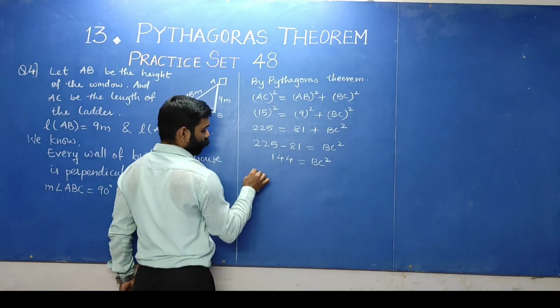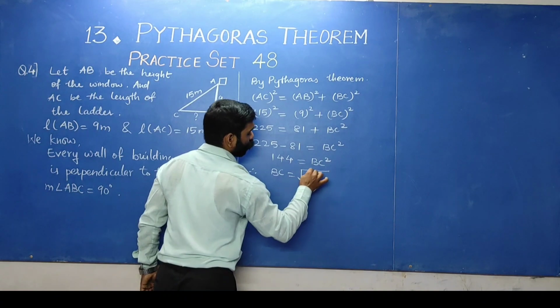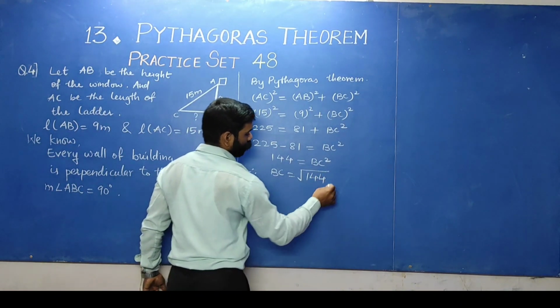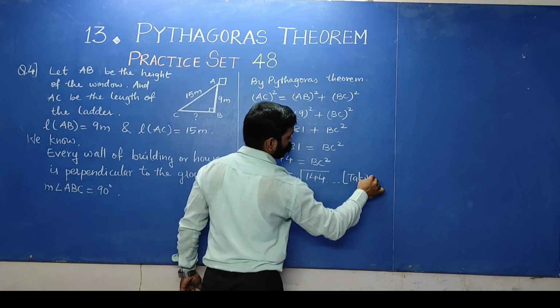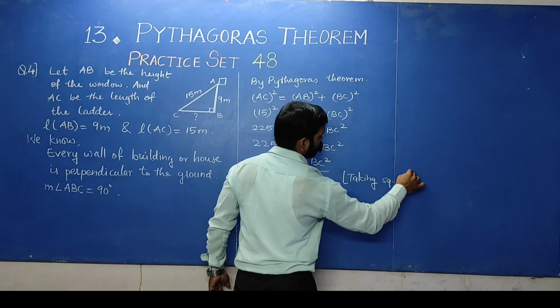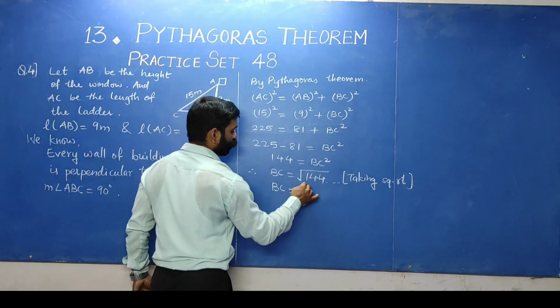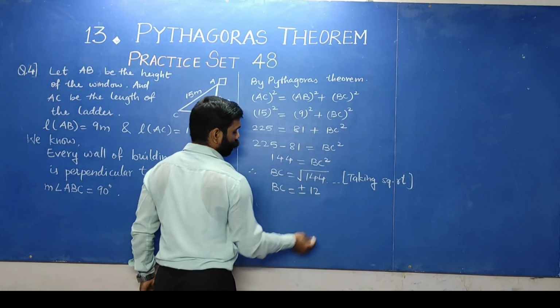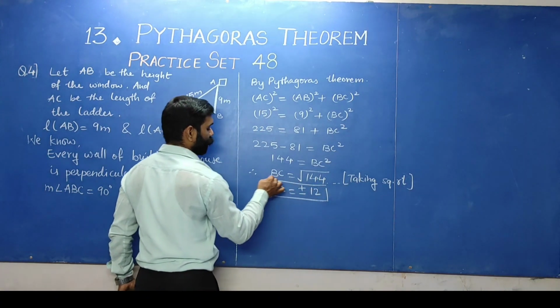Okay, so therefore BC is equal to root of 144. Here we will write taking square root. Okay, now BC is equal to plus minus 12. This is the value for BC. We will write the final answer.